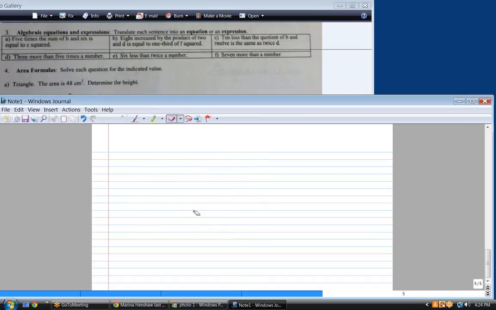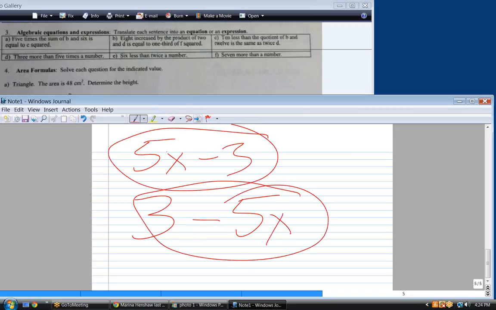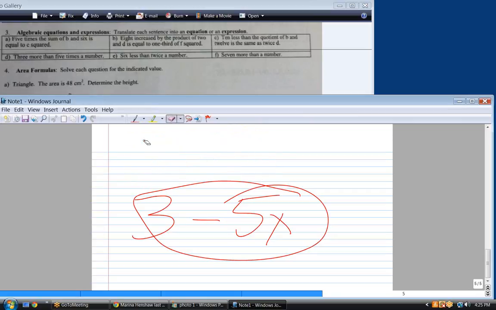But when I say 3 less than 5 times a number, only this is correct. If I say 3 less than 5 times a number and write it like that, that's a different thing. Those are not the same. When you have subtraction taking place, you can't switch them. The order is all important. Okay.